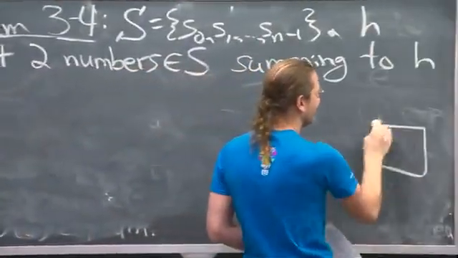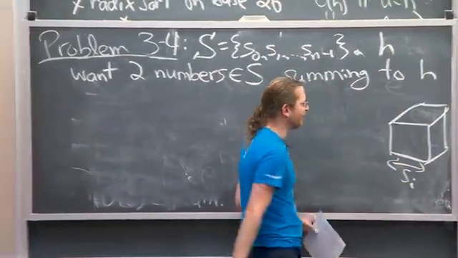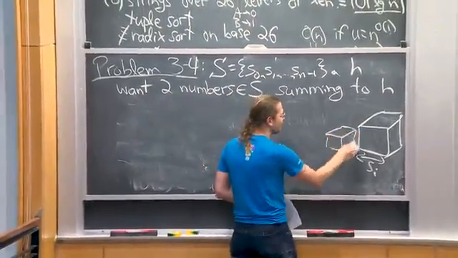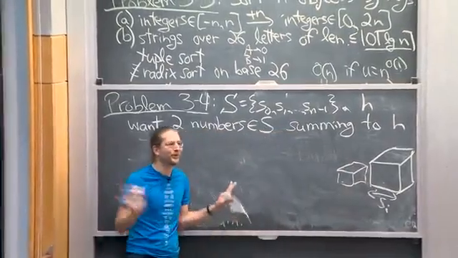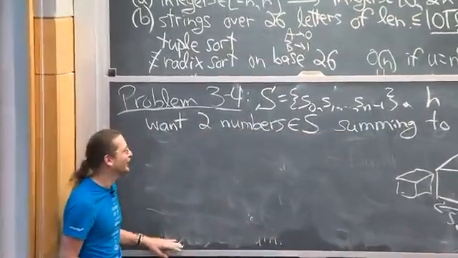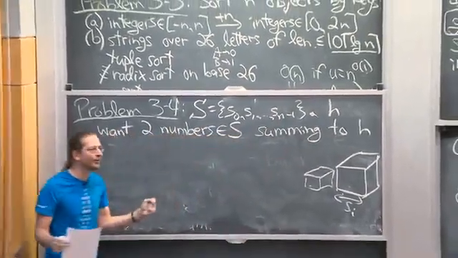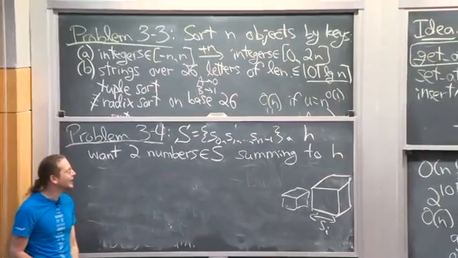Oh, okay. Cool, I didn't know we'd be doing 3D geometry today. That's Si. Okay, so you've got little cubes, you've got big cubes. This is a small Si, this is a big Si. Doesn't matter though, they're just numbers. We're not using them at all. In the problem, you're trying to stack one cube on the other, but all we really care about is two numbers whose sum, regular old sum, is exactly h, ideally.